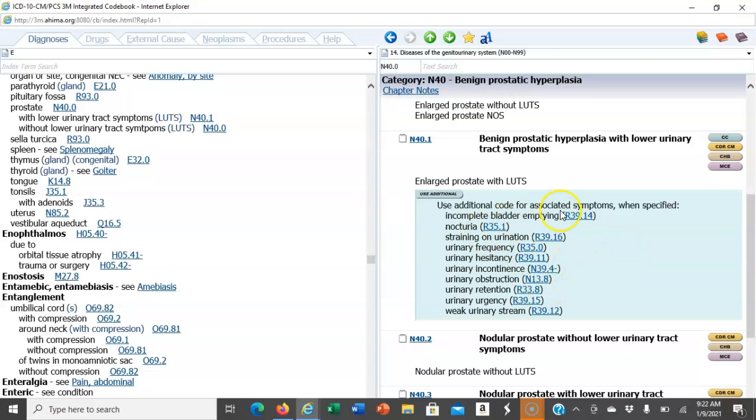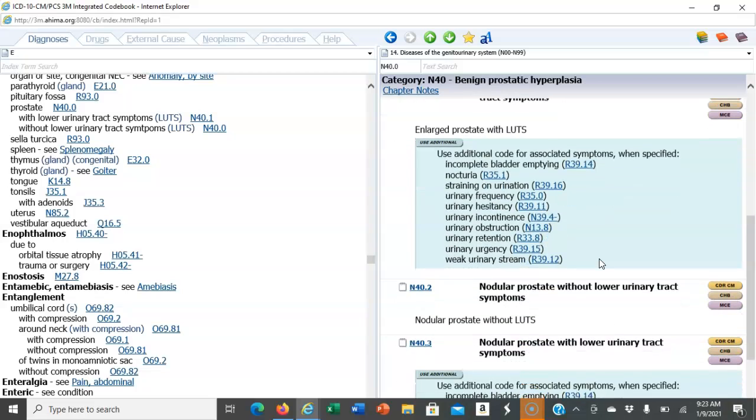And you'll notice that these codes start with an R. What do we know about R codes? Those are sign and symptom codes. And what do the guidelines tell us? If we have a definitive diagnosis, we don't use a sign and symptom code. But this is the exception that is specified in the classification system. If you have a patient that has benign prostatic hypertrophy and any of these symptoms are documented, you code them, even though they are from the sign and symptom chapter.